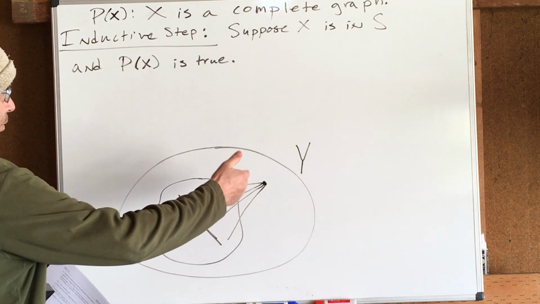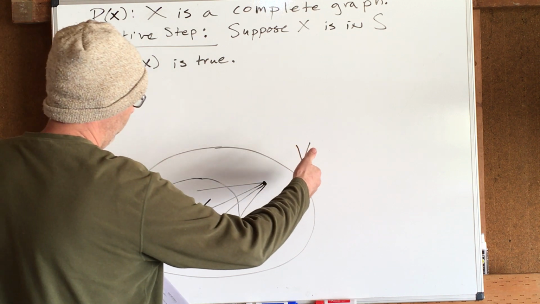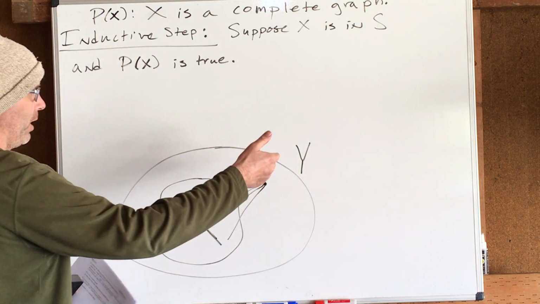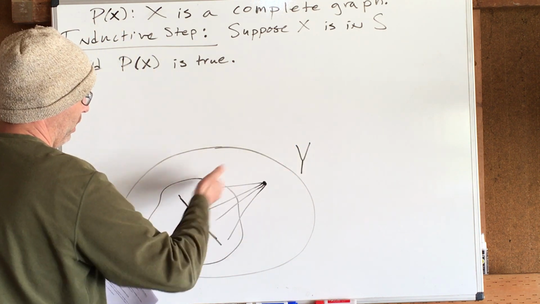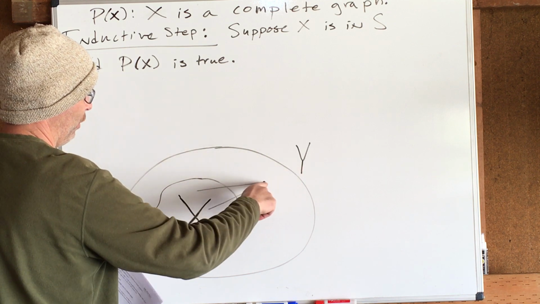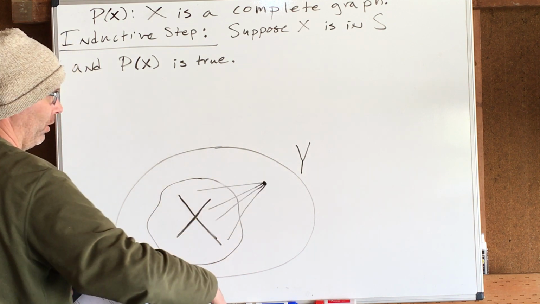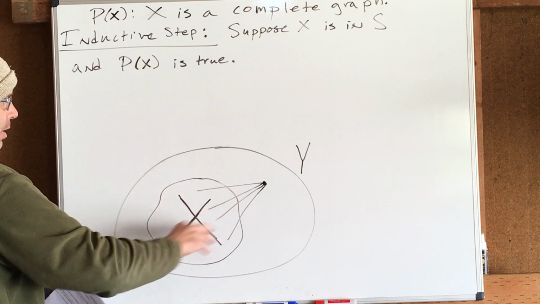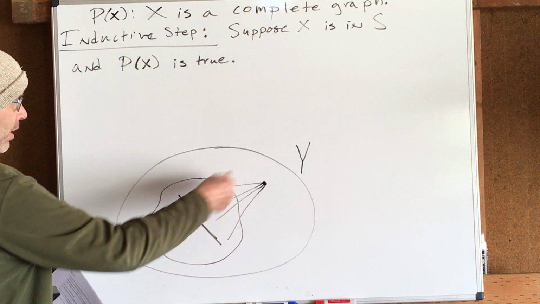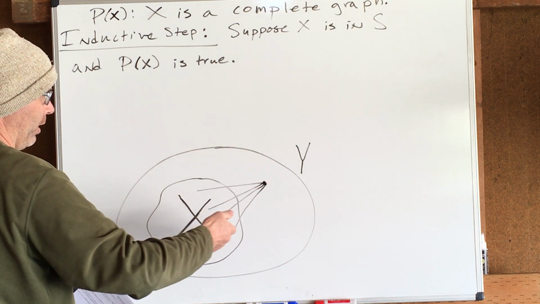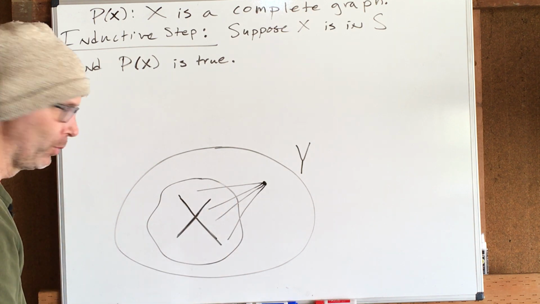Because of the way the recursive rule is defined, the new vertex gets connected to everything else. So everything was connected to everything in the old graph, and now everything will be connected in the new graph. So that's the idea.